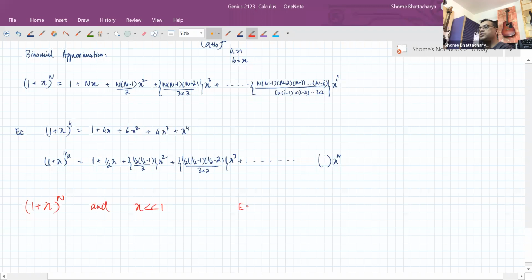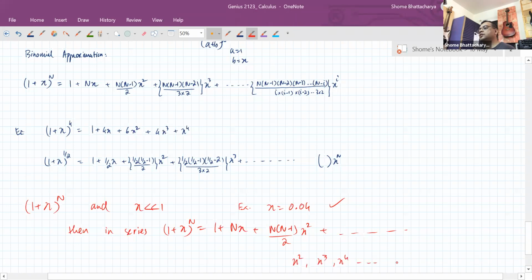Okay. So for example, x could be something like 0.04, like we've seen. Then in the series, (1 + x)^n = 1 + nx + n(n-1)/2 x² + ..., these terms, x², x³, x⁴, etc. are all negligible.